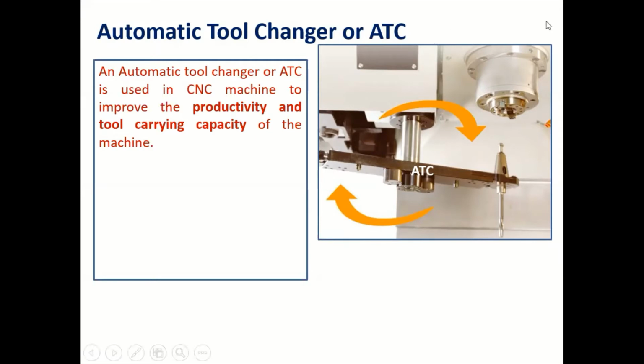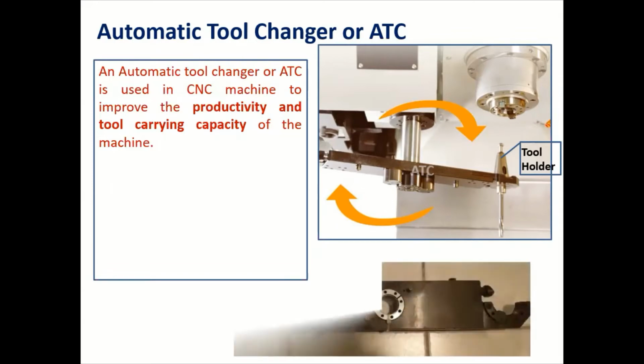If you see in this case, this complete part is the automatic tool changer. This part is the tool arm, or only arm we can say, and this is a tool holder, so the arm will hold the tool holder with the help of grippers.